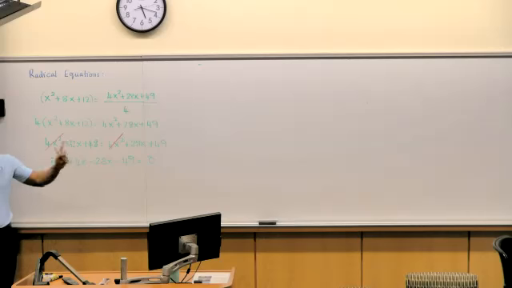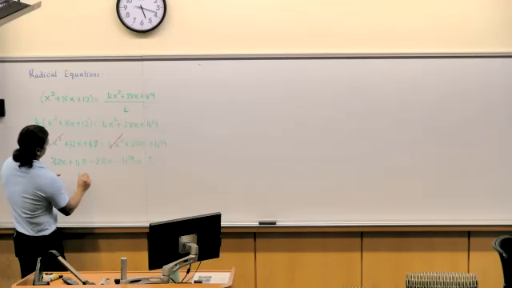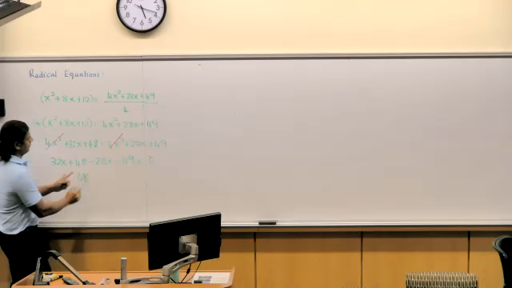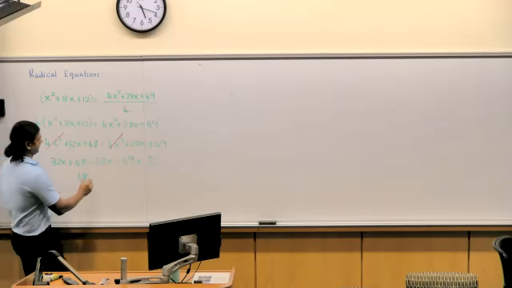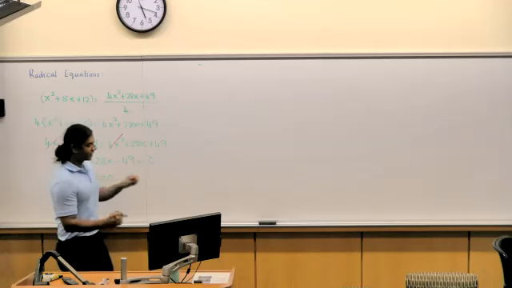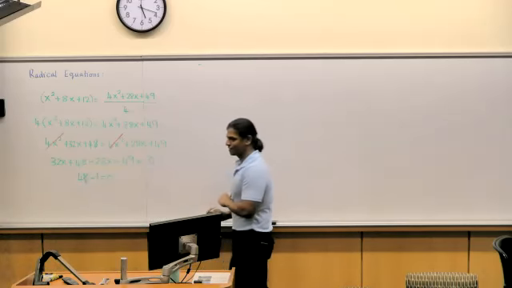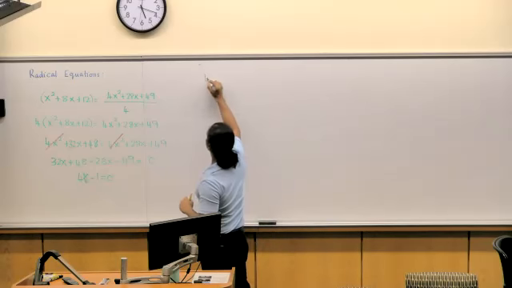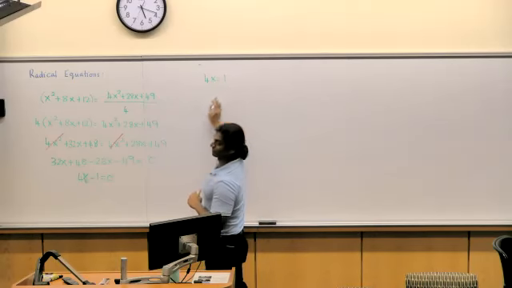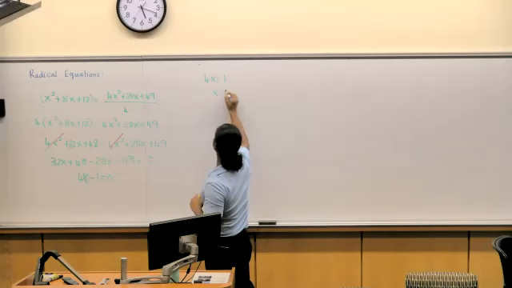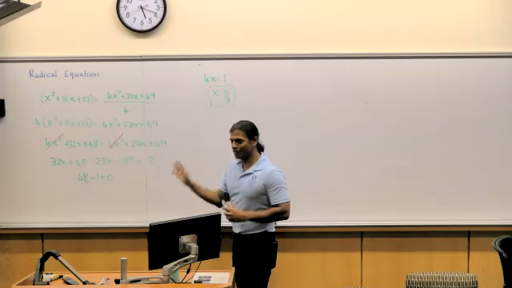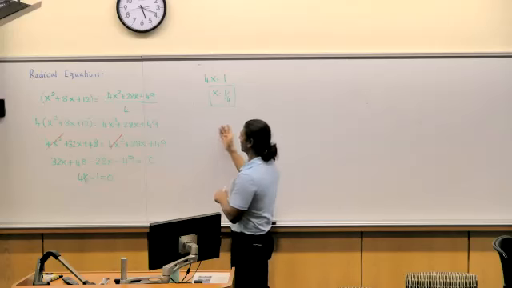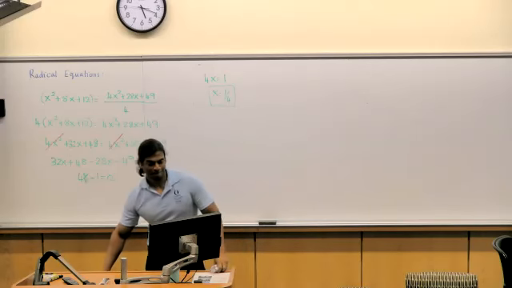What is 32x minus 28x? 4x. 48 minus 49 is negative 1. If 4x minus 1 is equal to 0, what is x? 1/4. We did all that work to determine that x is 1/4.